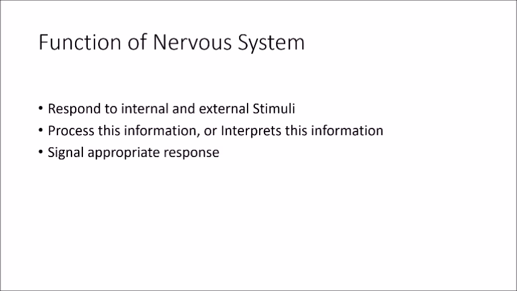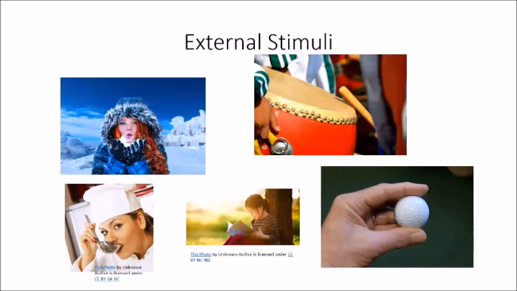All right, so let's talk about external and internal stimuli a little bit more. So here's an example of external stimuli. All right, in this picture here, this person is in a cold environment, so their skin is going to feel cold.